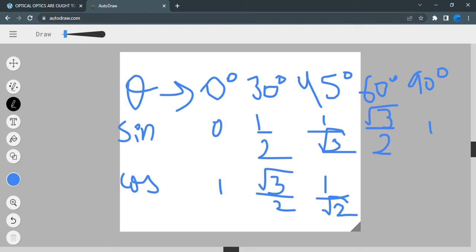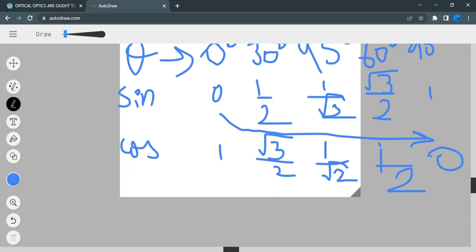And then we have 1 by 2. And then we have 0. You might have noticed a variation here. All the values of sine are basically interchanged in cos. Sine 0 degrees is equal to cos 90. Sine 90 is equal to cos 0, and so on.